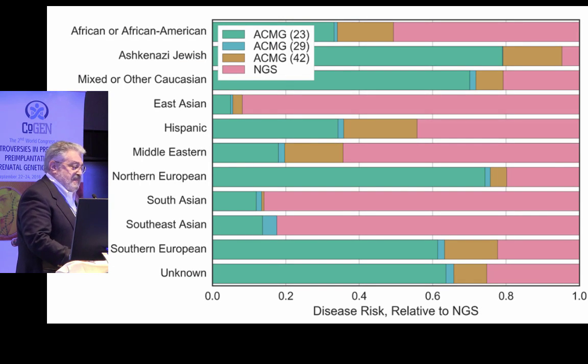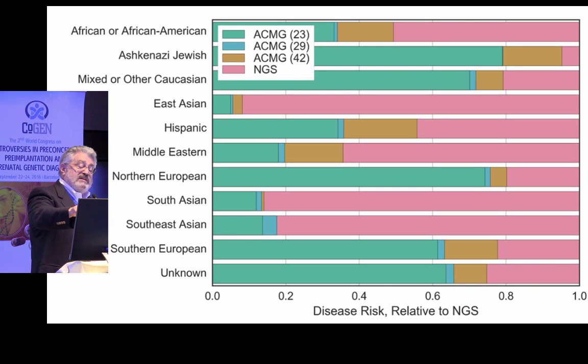And we've looked at that, and what we've done is modeled the ACMG 23 mutation panel, looked at an ACMG 29 mutation panel. They've also talked about a 42 mutation panel, and then looked at next generation sequencing. And you can see that with next generation sequencing, it moves the detection rate for all ethnicities listed on the left close to 100%.